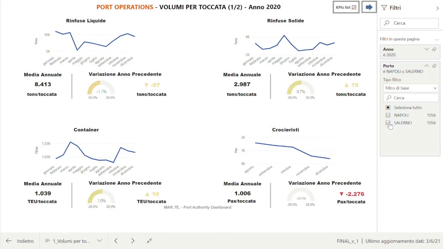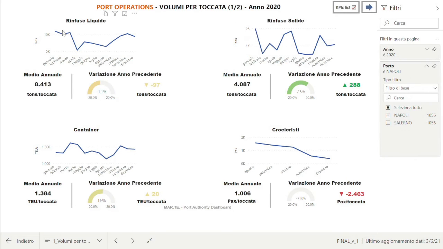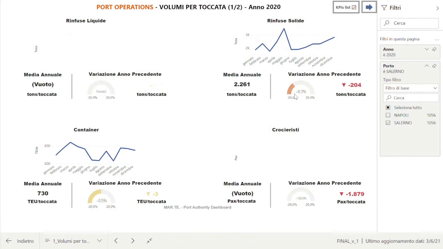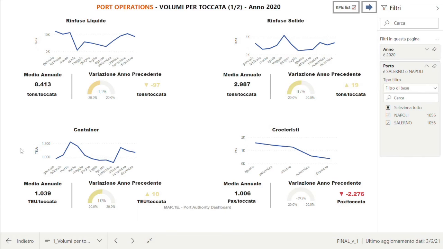But if we select just the Port of Naples and we focus on liquid bulk, we can see that nothing changes, which means that we have no flows in Salerno for this market. All changes if we focus, for continuity of analysis, on container.